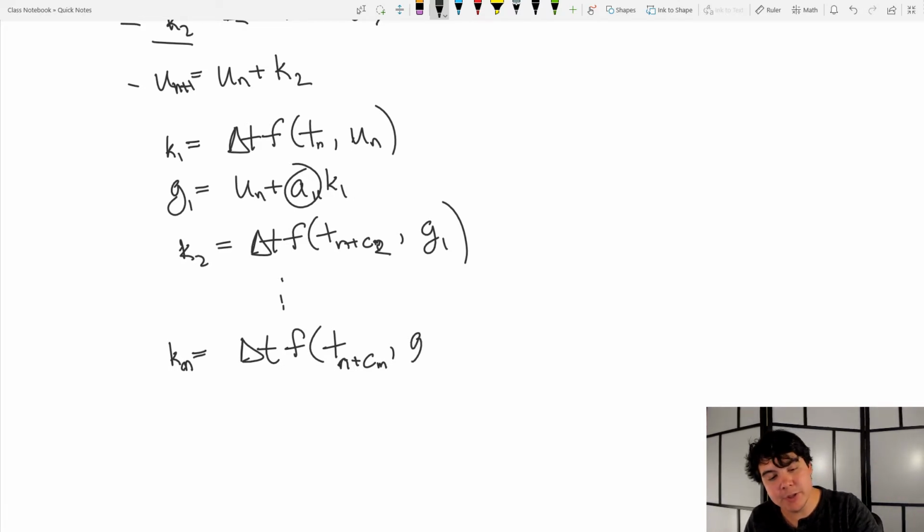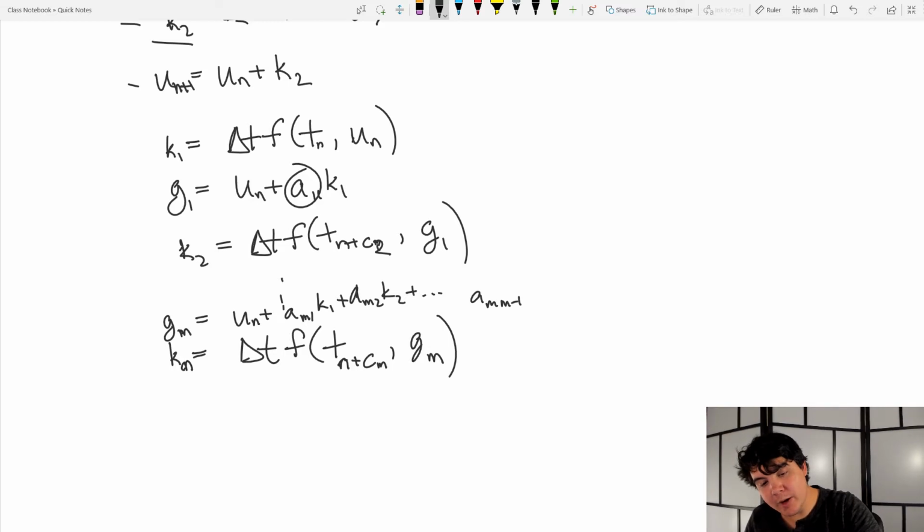And then we can use a g sub m, where this g sub m was defined as some u sub n plus a m1 k1 plus a m2 k2, right, so all of the previous k's up to a m,m-1 k sub m-1. Right, so we can keep on chaining together derivative estimate, value estimate, derivative estimate, value estimate.